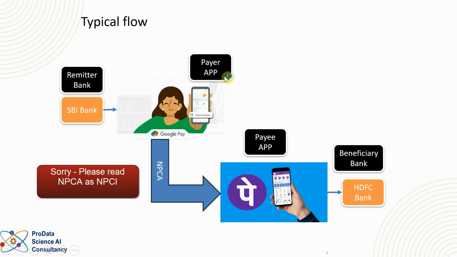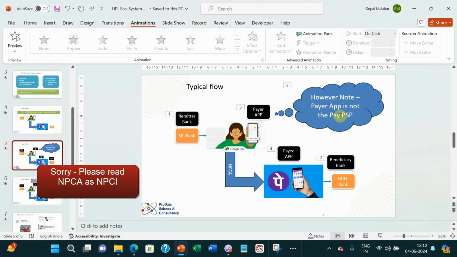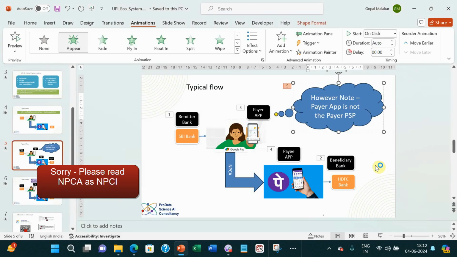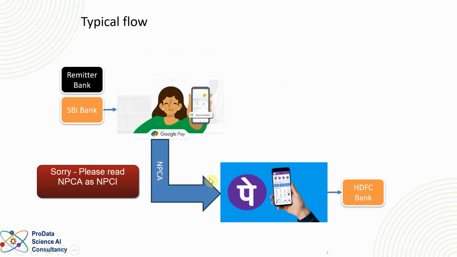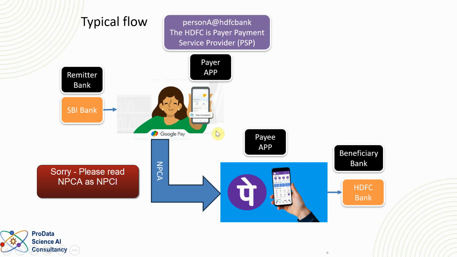But understand, this payer app is not the same as the Payee PSP. Payee PSP is different from this. Let me explain what is Payee PSP with an example. Payee PSP is not the same as the payer app. The payer app is just an app, and this app does not contain the mapping of the bank account number or IFSC code.